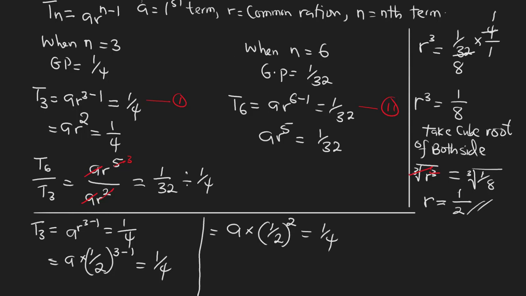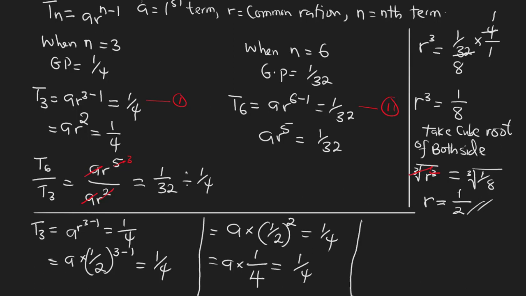So now this one is going to be a times, next thing we're going to multiply the numbers by the square, because this square is for both the numerator and the denominator. So we're going to say 1 times 1, because 1 square is 1 times 1, which is 1, over 2 times 2 is 4, because 2 square is 2 times 2, is equals to 1 over 4.